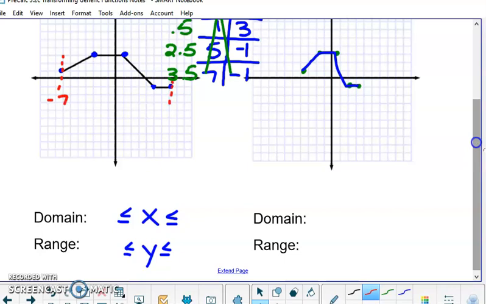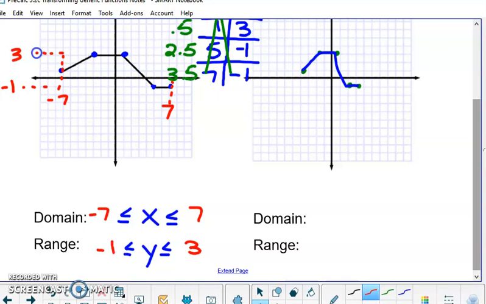Where is it ending on the right? It is ending at positive 7. So the x's are between negative 7 and 7. The y's, if I'm looking up down, it goes up to 3 and down to negative 1.